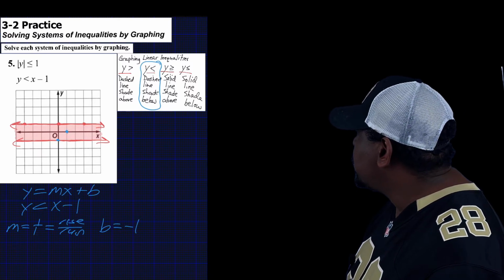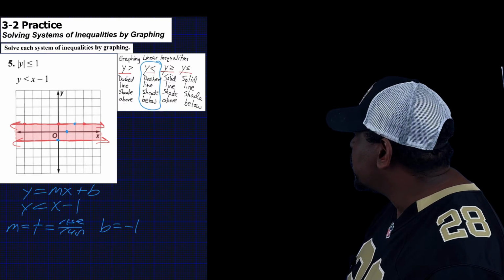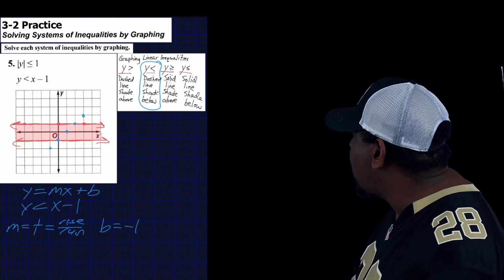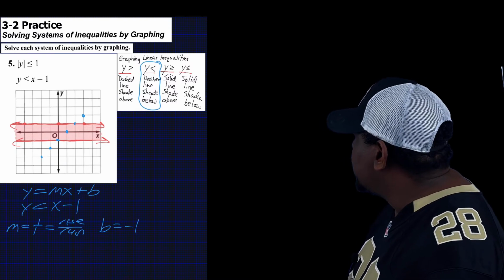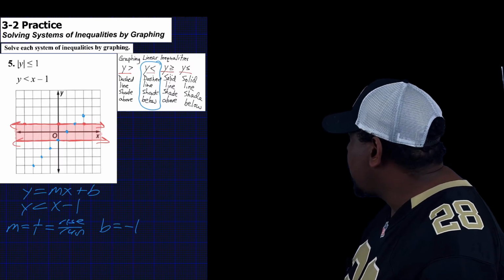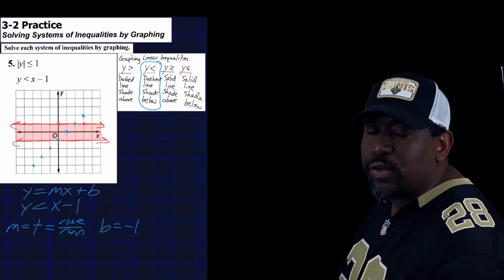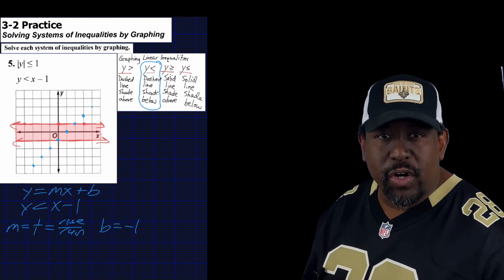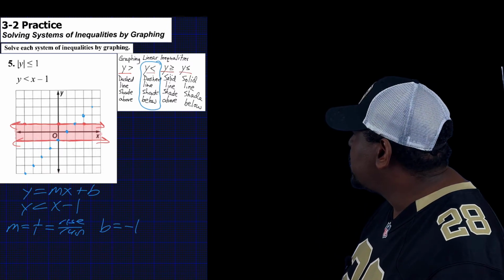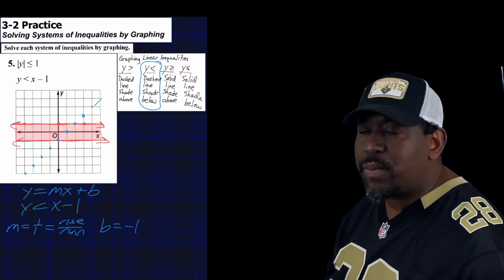So at this point, we start to graph our points so that we can create this dashed line. Since our y-intercept is negative 1, we put a point at negative 1 on the y-axis. In order to get our next points, we go up 1 and to the right 1. And to create some points to the left of the y-axis, we go down 1 and to the left 1. And so we get a bunch of different points so we can get as accurate a line as possible.